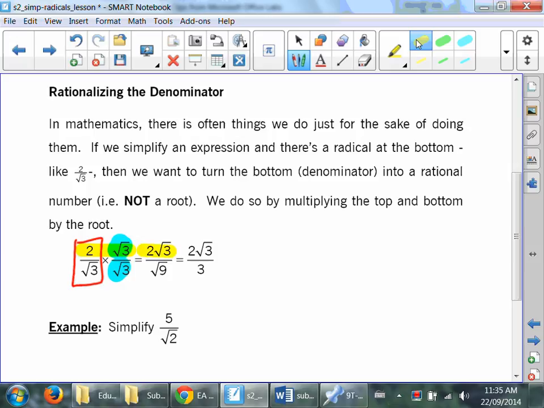On the bottom, we get root 3 times root 3, which is the root of 9. Just 3 times 3 is 9, of course. 2 root 3 is just 2 root 3. But on the bottom, the square root of 9 is 3. So that's how we go about and simplify something so that the root is not on the bottom. And again, that's called rationalizing the denominator.